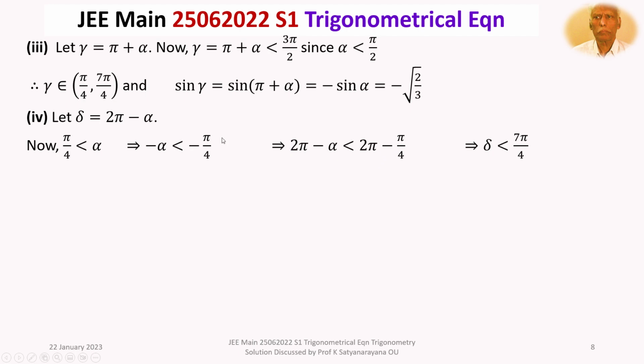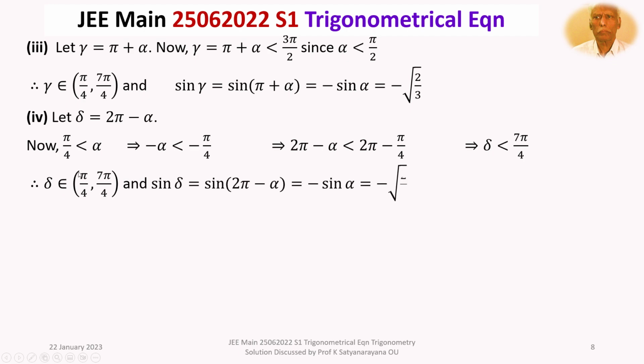But 2 pi minus alpha, which we have denoted by delta, therefore delta is less than 2 pi minus pi by 4, which is 7 pi by 4. So delta is less than 7 pi by 4. This will imply delta belongs to the open interval pi by 4 to 7 pi by 4. And what is sine delta? Sine delta is equal to sine of 2 pi minus alpha, which is minus sine alpha, that is equal to minus under the square root of 2 by 3. So this is our fourth solution.